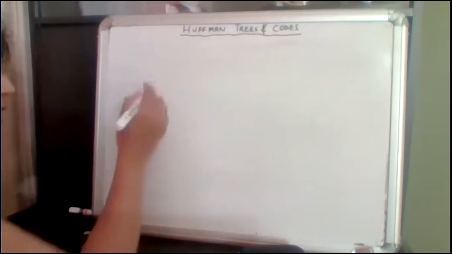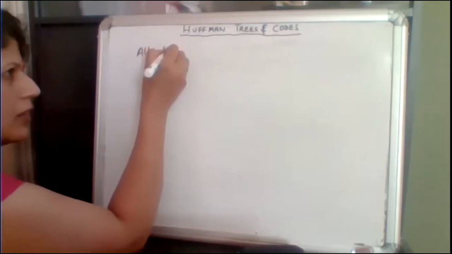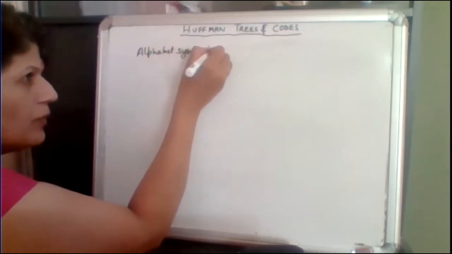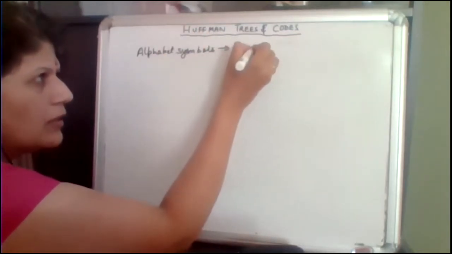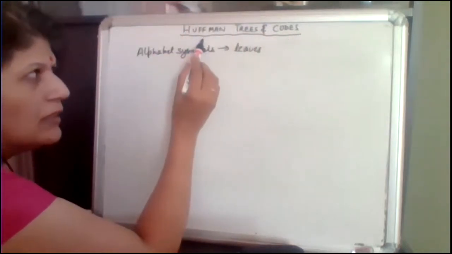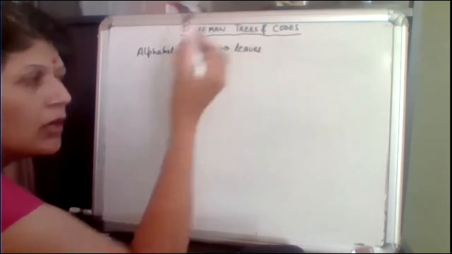So now moving on to the Huffman codes. The logic here is that whatever the alphabet symbols are, those alphabet symbols represent the leaves in a tree. The Huffman algorithm will generate a Huffman tree, an encoding tree, as well as the Huffman code.